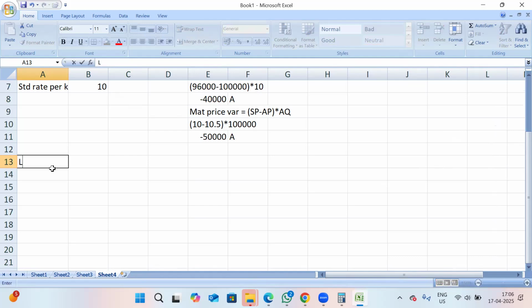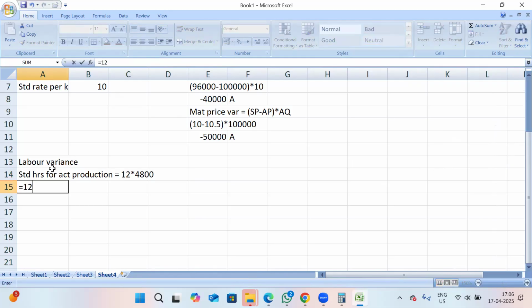Let's move on to labor cost variance. Let's compute labor variance. What we need is standard hours for actual production. I require 12 hours to produce 1 unit, and in total we have 4,800 units.